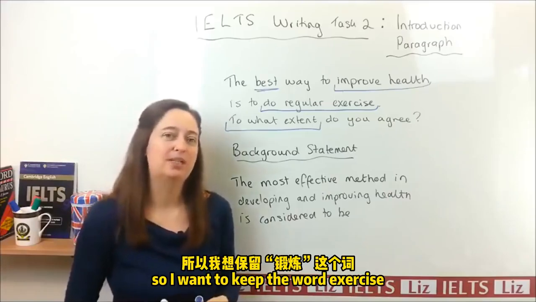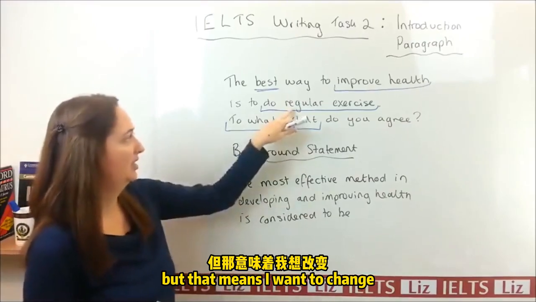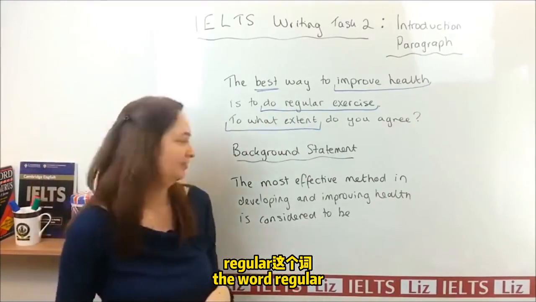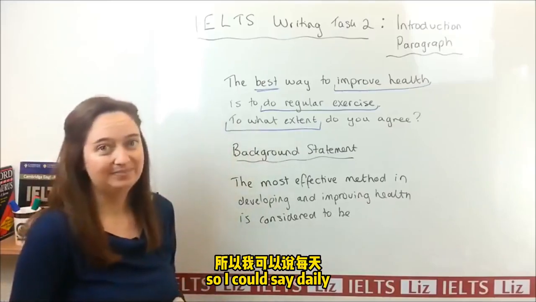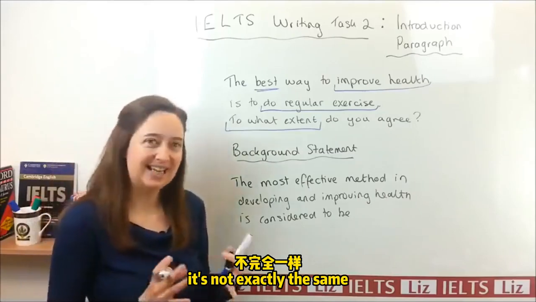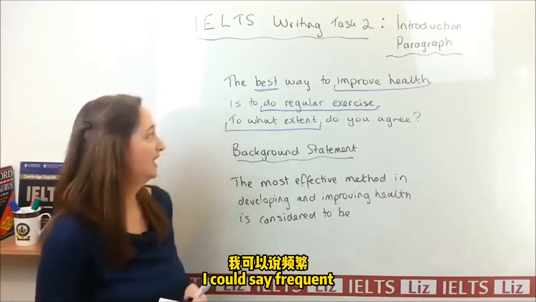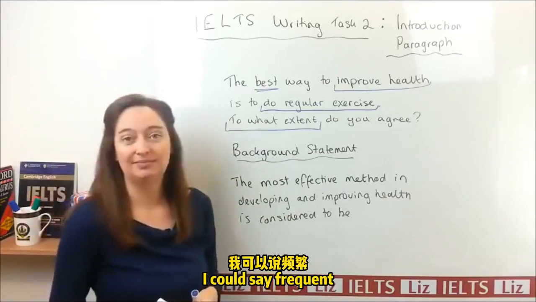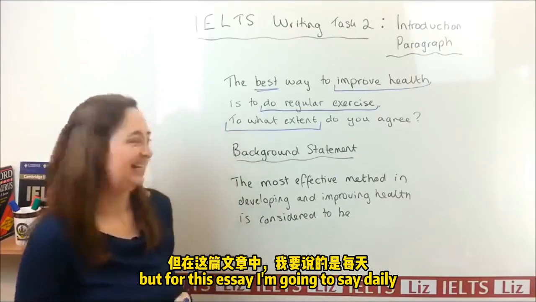So I want to keep the word exercise, but that means I want to change the word regular. So I could say daily. It's not exactly the same, but it's more or less the same. I could say frequent. That's quite similar. But for this essay, I'm going to say daily.